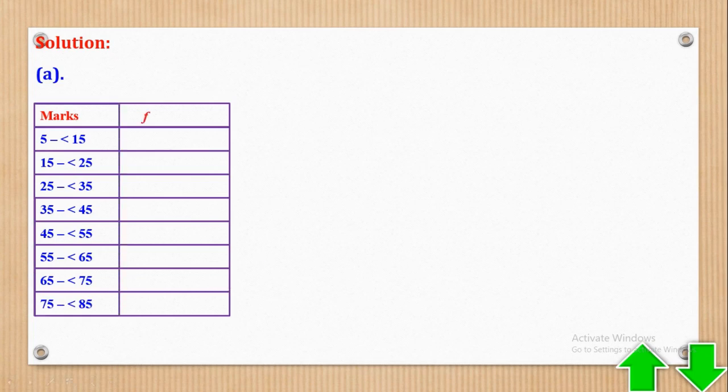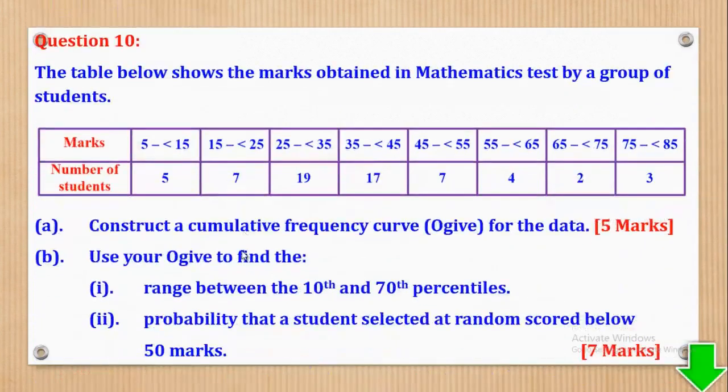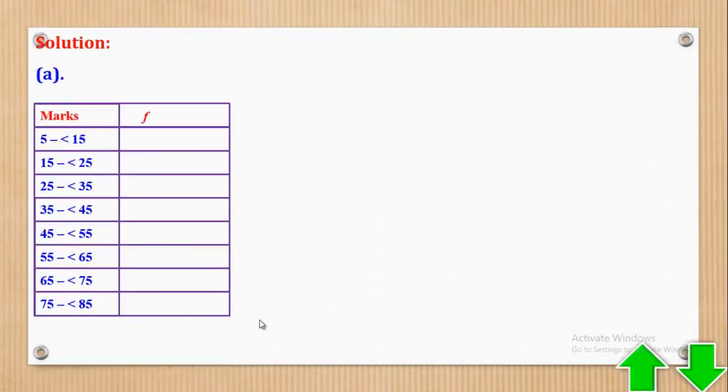Then next is the column for frequency, where we shall put the very values for the number of students. Then next the column for CF, or cumulative frequency.